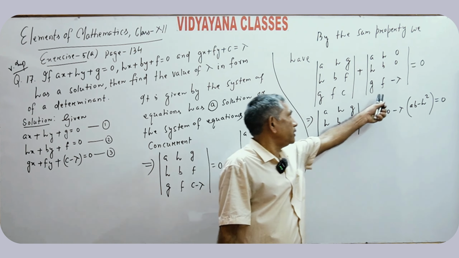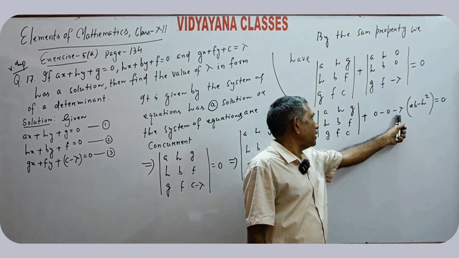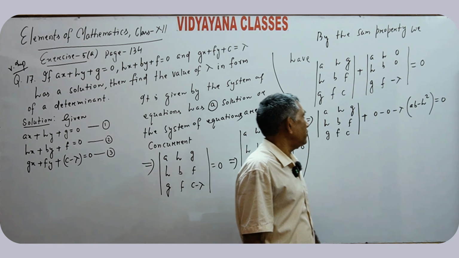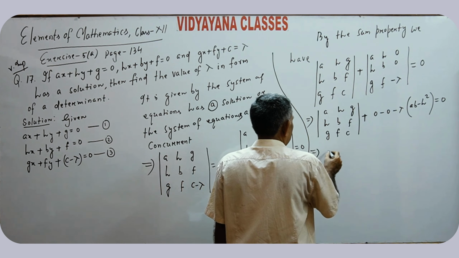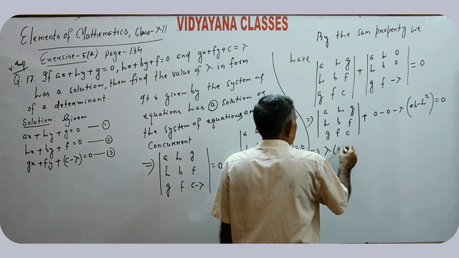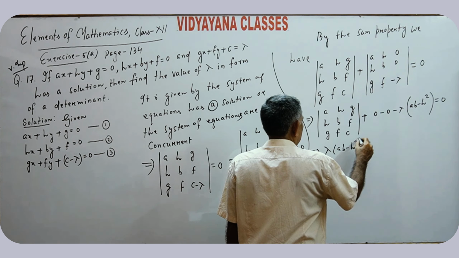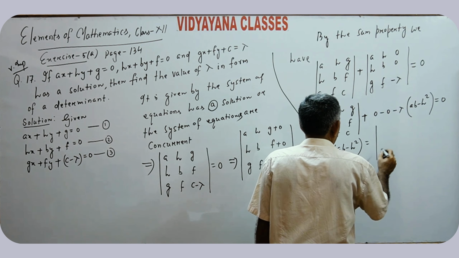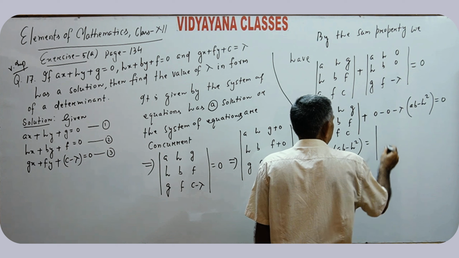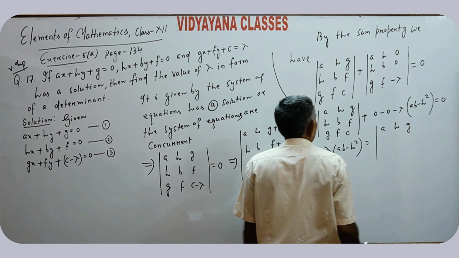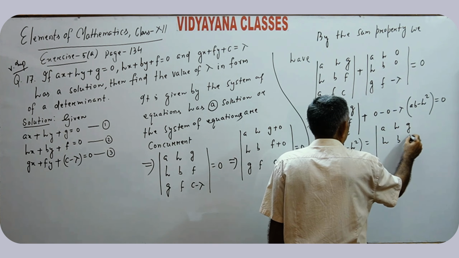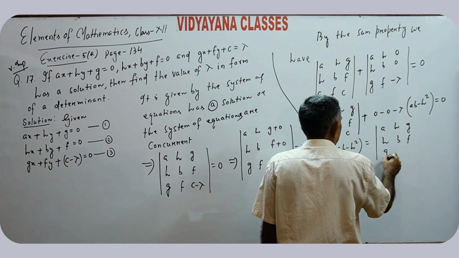Clear? Expanding this determinant, we have minus lambda AB minus A square, which implies lambda into AB minus A square is equal to determinant having elements AHG, HBF, GFC.